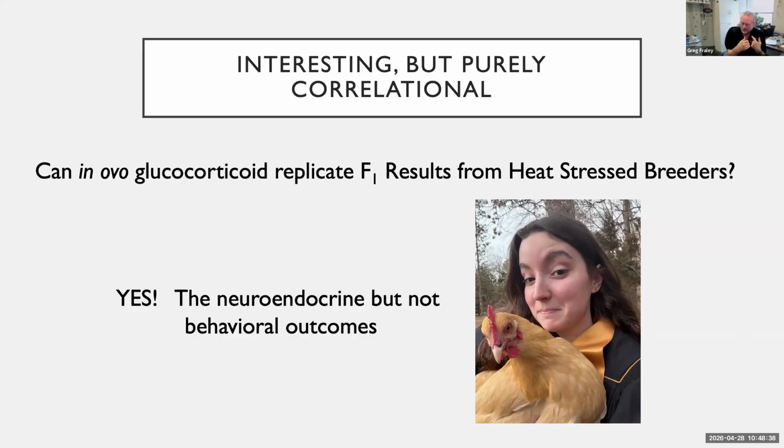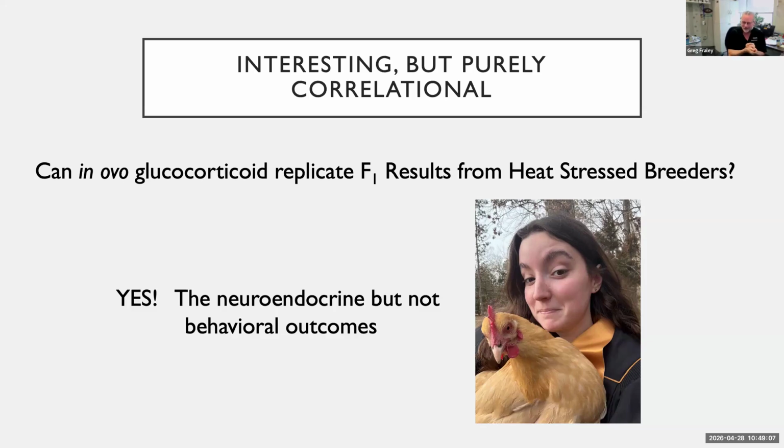Nina perfectly, by injecting a glucocorticoid into the eggs, replicated that increase in the cort response to ACTH. She perfectly replicated the HLR response to the ACTH that we observed many times now in the offspring of heat stress parents compared to controls.